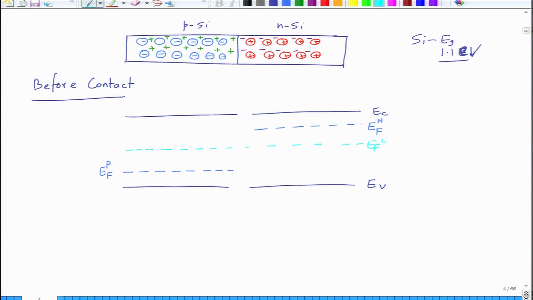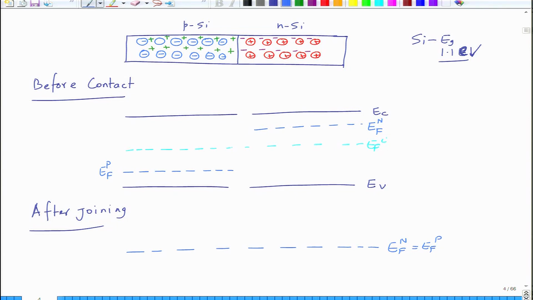Now, what happens when you join them together? When you join them together, the thermodynamic requirement is that the Fermi levels of the two semiconductors must align with each other and they must be constant at equilibrium. So, after joining, we say that the Fermi level is now EFN equal to EFP.